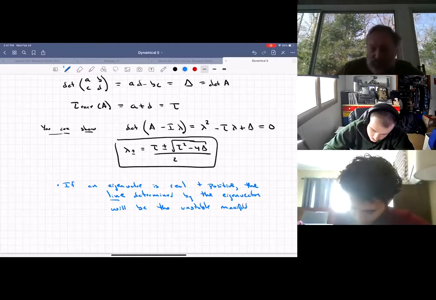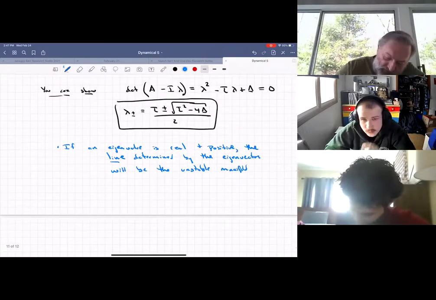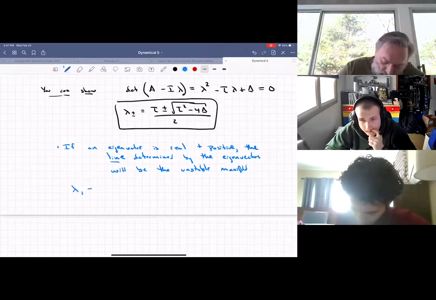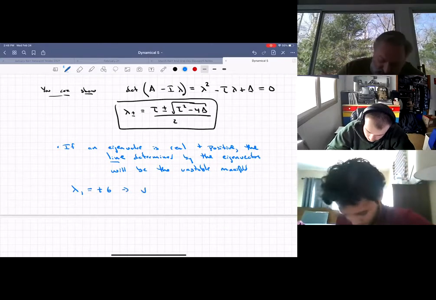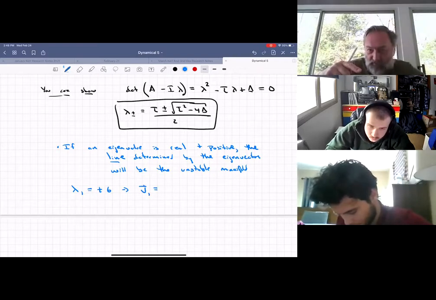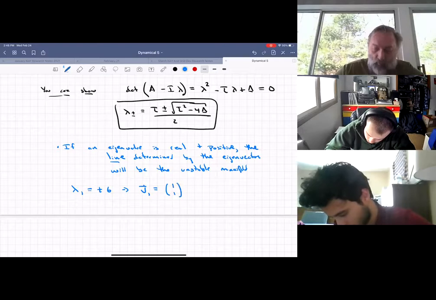So let's suppose that you do one of these problems and you find out that lambda 1 is +6. And that corresponds to eigenvector V1, right? There's going to be two eigenvalues, so there's going to be two eigenvectors. And V1 corresponds to the vector 1, 1.